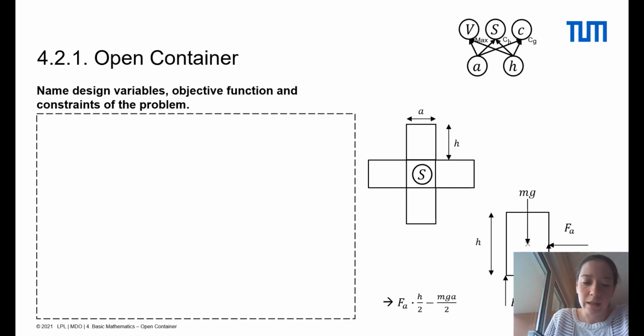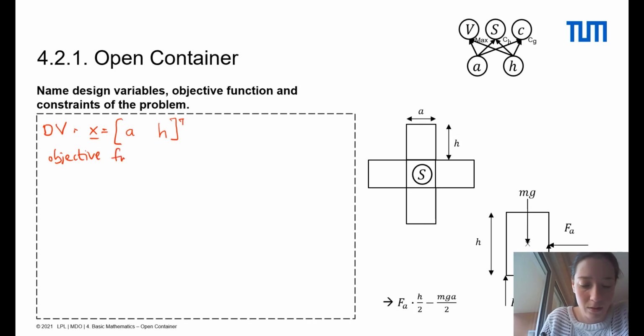Okay, name the design variables. Well, the design variables x: we want to find the optimal length A and also the height h. The objective function is f of A and h.